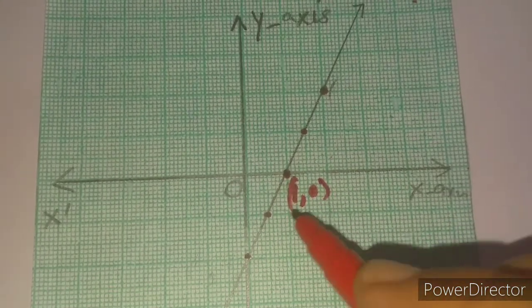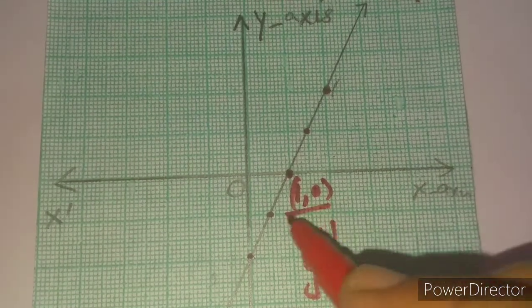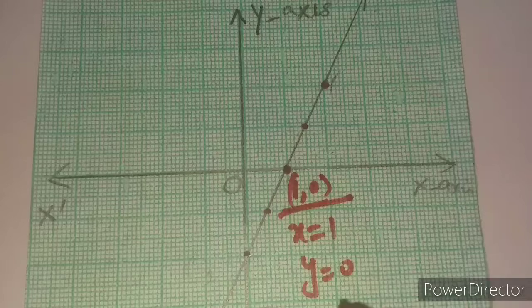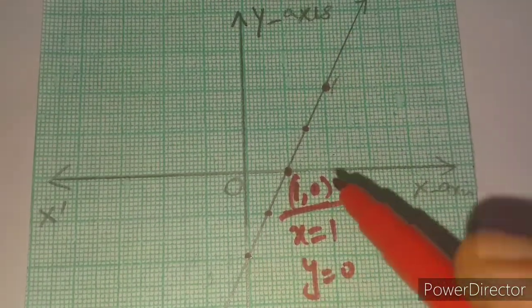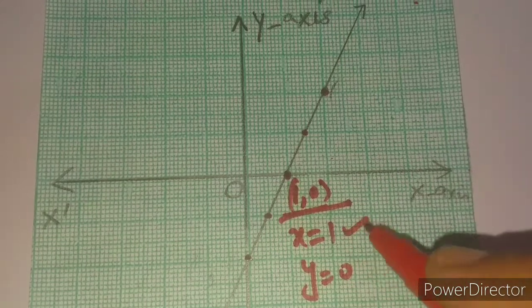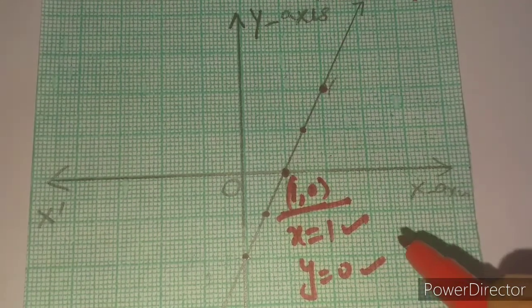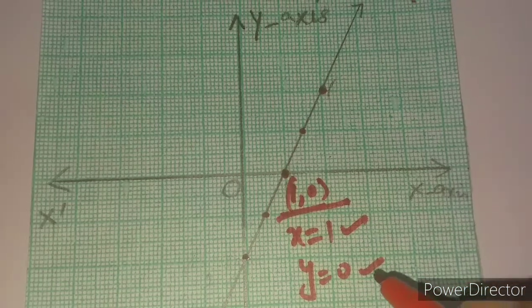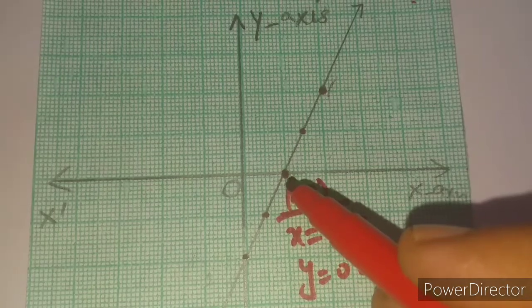This point means x equal to 1 and y equal to 0. This is the meaning of this coordinate. X equal to 1 and y equal to 0 lies on this line, means what? That these values will satisfy the equation of the line. This is the meaning of existing on this line.